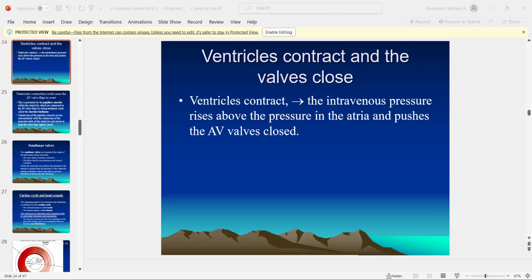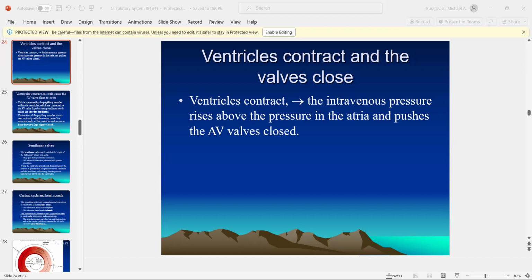Here is that conduction system. Signal is transmitted through the atria to this conduction tissue. This is the atrioventricular node. It's at the base of the right atrium. That signal then goes into the septum.